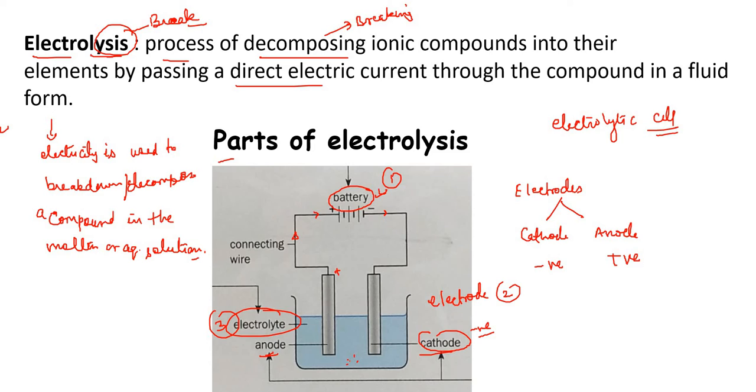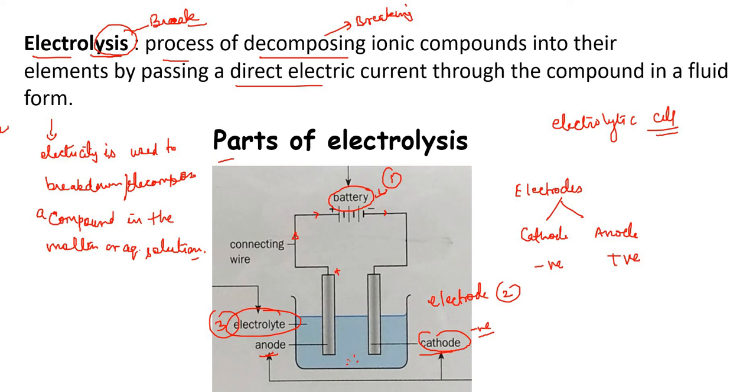Remember, this is the battery, and after that you have the electrodes and the solution. The electrode is the one which conducts electricity, and we use different electrodes based on the requirement. We use an inert electrode which doesn't react with the electrolyte, or an electrode that can be a metal which can react with the electrolyte.